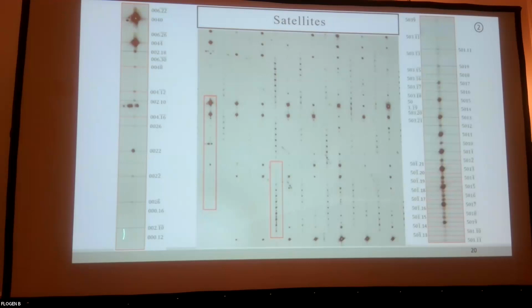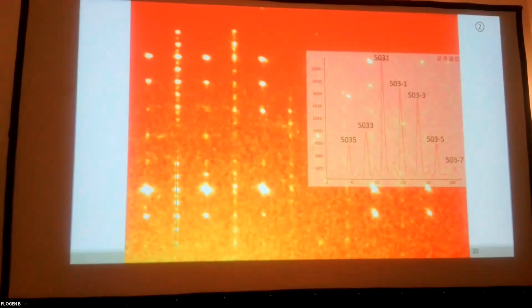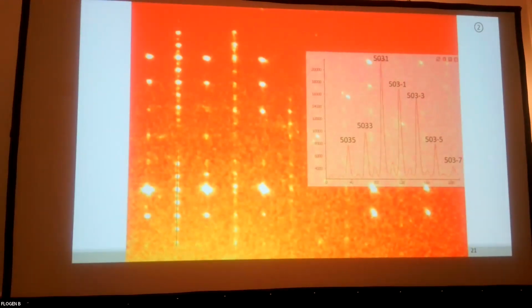And this is basically the same story for all the higher order satellites. And if you're going to the uneven row, things are even getting worse. So there is fairly strong overlap between those reflections.